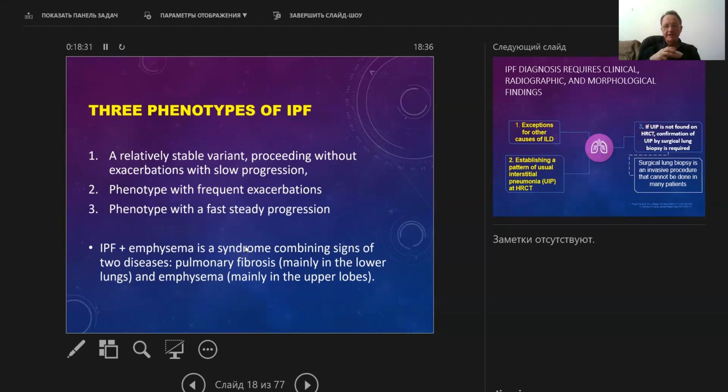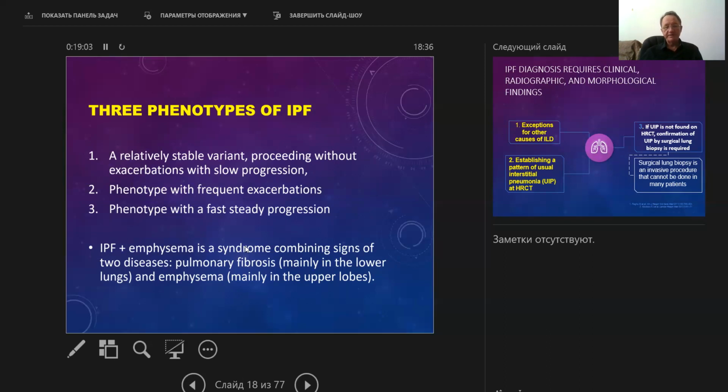There are three clinical phenotypes of IPF. The first phenotype is a relatively stable variant, proceeding without exacerbation with slow progression. These patients may have 5 or 7, no more, years of lifespan.